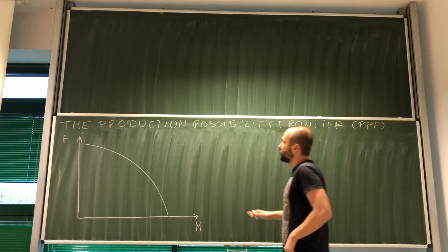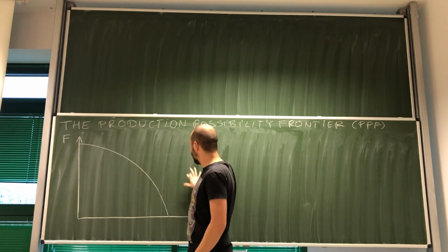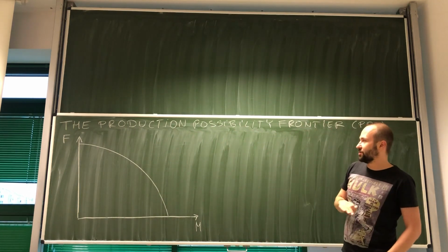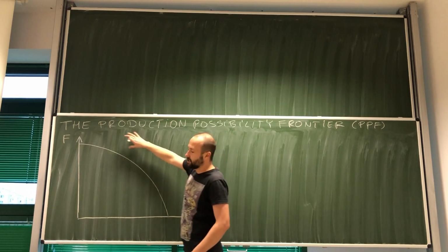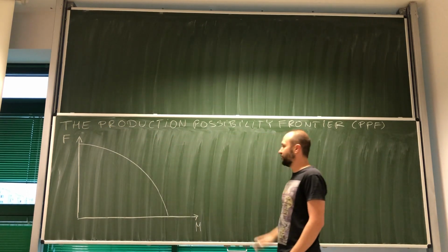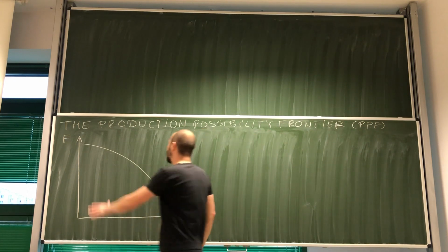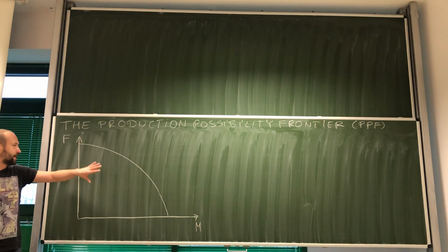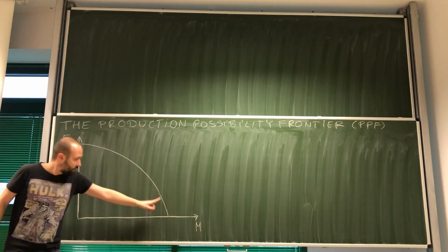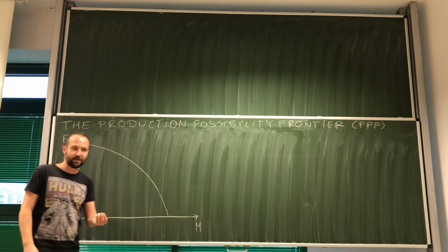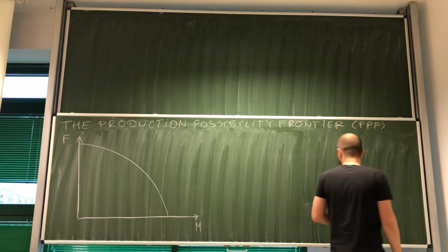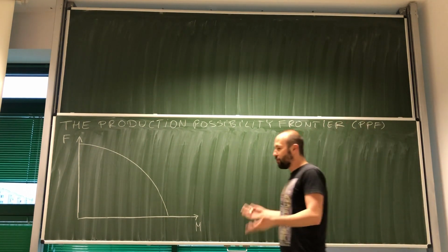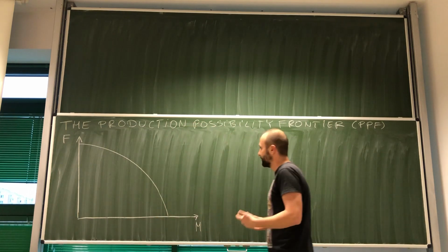Of course, as before, here we have all the combinations of production of food and manufacturers that are beyond the reach of this economy because we do not have enough factors of production. On the other hand, if we are below, it means that we are either not using all the capital or all the labor. So here we have all the efficient combinations, and those are the combinations that are important to us because, as I remind you over and over again, this is a long-run model.